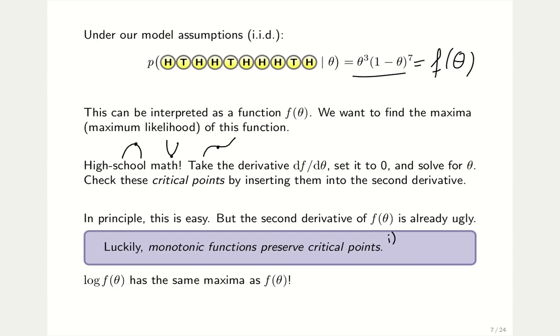In the first case, if x1 is smaller than x2, we pick 2 points on the x-axis, this implies that the functional value also increases. So the bigger the x value, the bigger also the function value. Okay? And this is a monotonically increasing function.